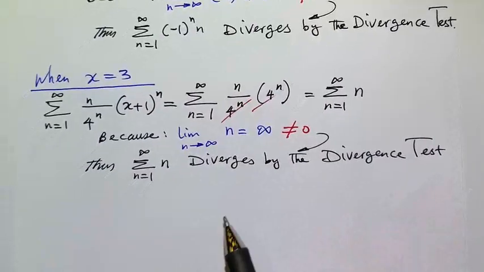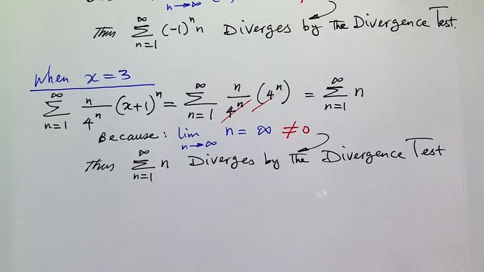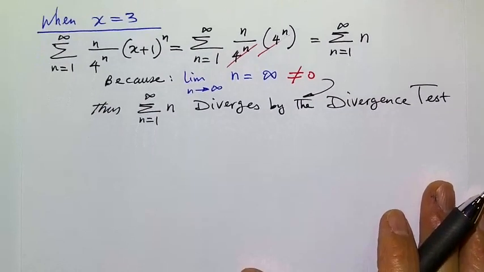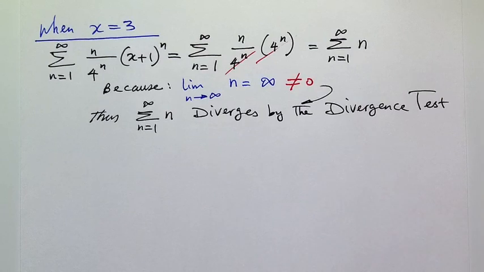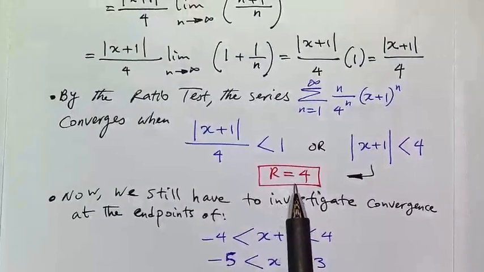So the original series is convergent from -5 to 3, excluding the endpoints. So let's write that up. And the radius of convergence was 4, right?